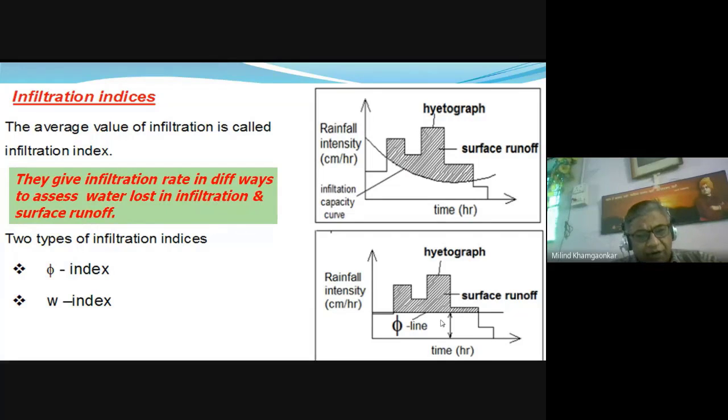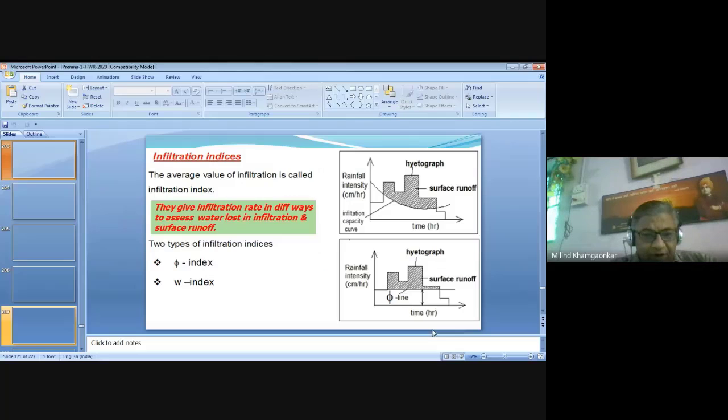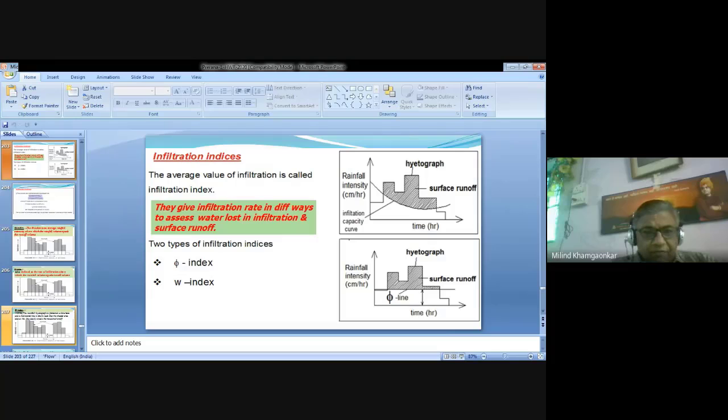It is nothing but a rainfall rate, that is centimeters or millimeters per hour. This phi index is constant for a certain catchment area, and the W index is constant for a certain catchment area. The phi index is the precipitation rate or the rainfall intensity, and the W index is nothing but the infiltration rate.